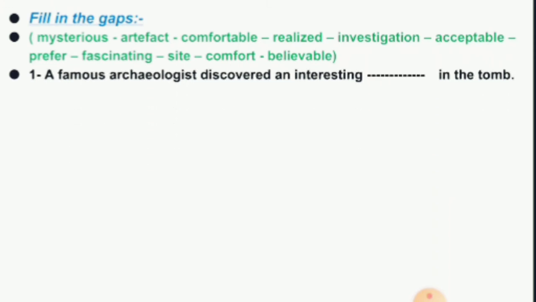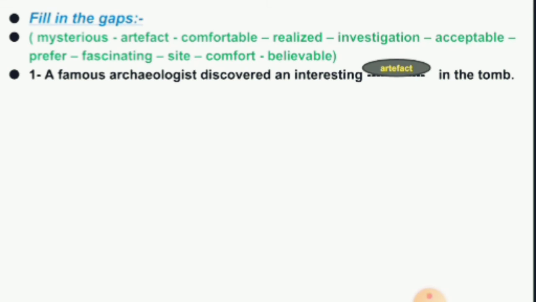Let's see number 1. A famous archaeologist discovered an interesting space in the tomb. So let's think before putting a word. So what's the word? Artifact. A famous archaeologist discovered an interesting artifact in the tomb.